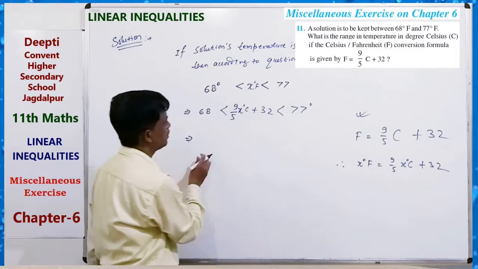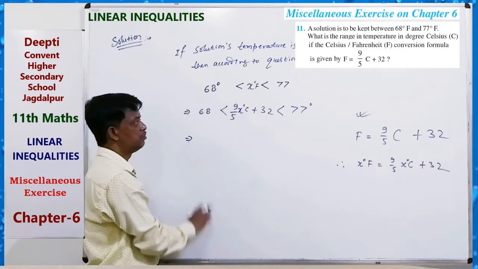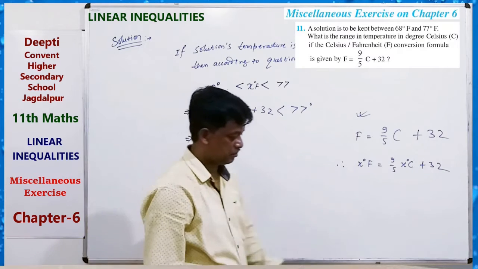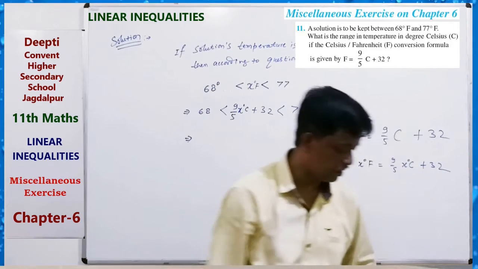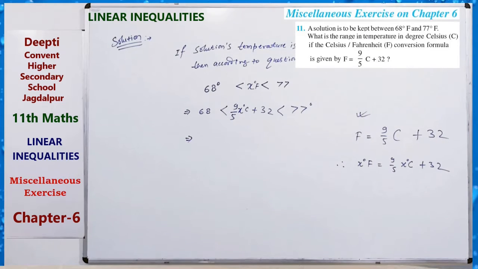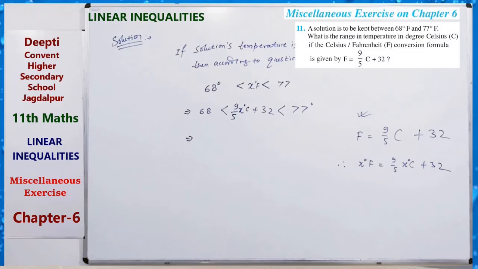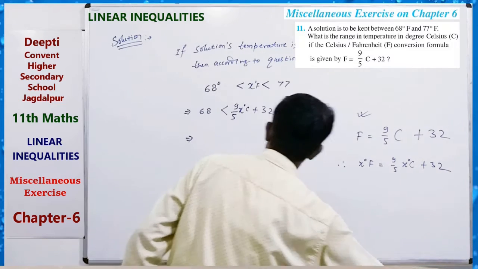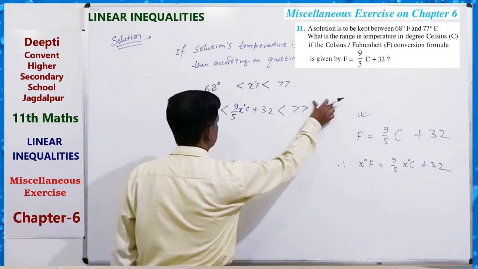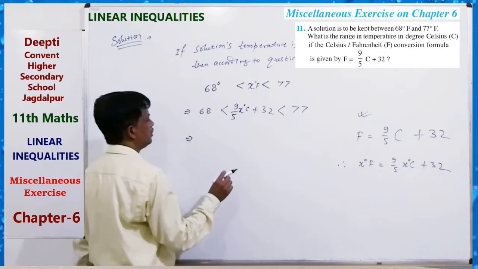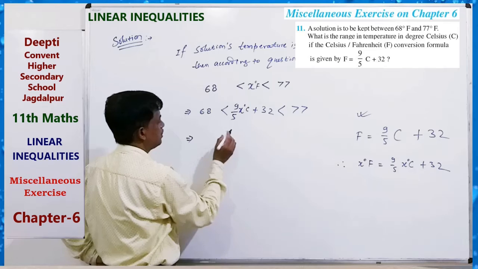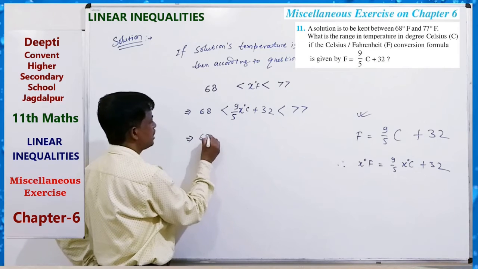So solve it. First of all we have to multiply it, so we can subtract 32 from both sides.